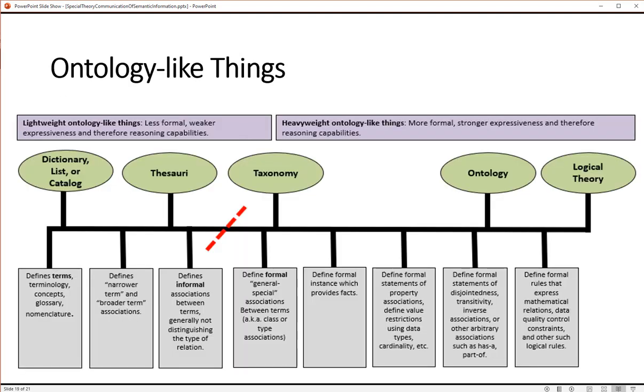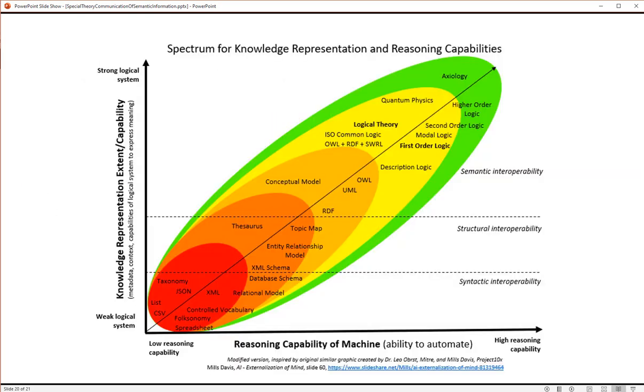So there are many ways to explain these logical systems. On the left-hand side, you see very simple ways like a dictionary or a list or a catalog. And as you move to the right, things get more complicated and more expressive. And a logical theory, you can see, is the most expressive tool that is available.